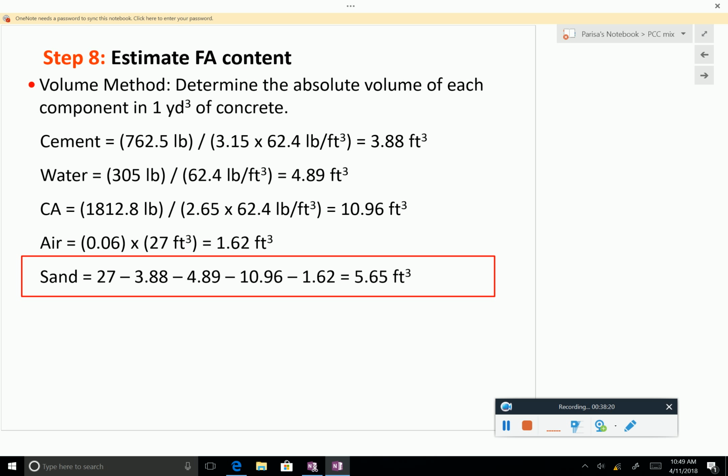Now that you have the absolute volume, so this is the absolute volume of sand, now you need to calculate the weight of sand. Look back at your information table in the beginning and see what you have and what you can calculate. Remember, you need to have the weight, oven dry, air dry, and SSD.